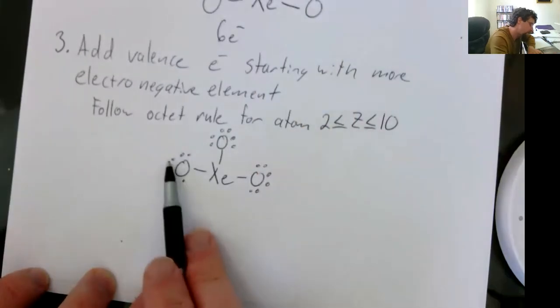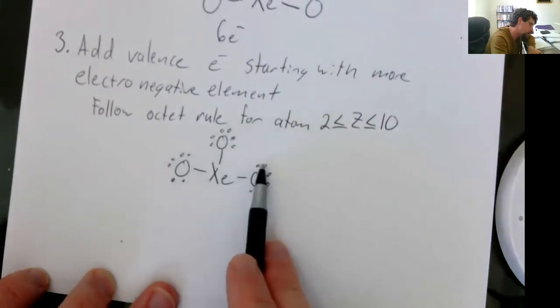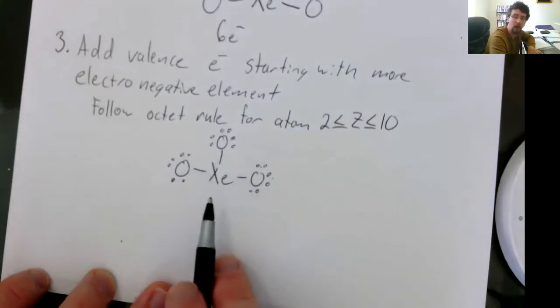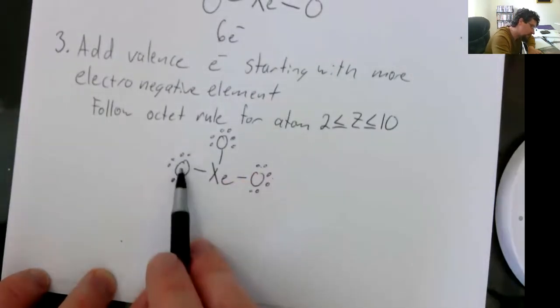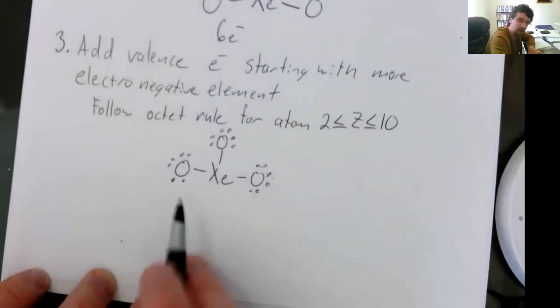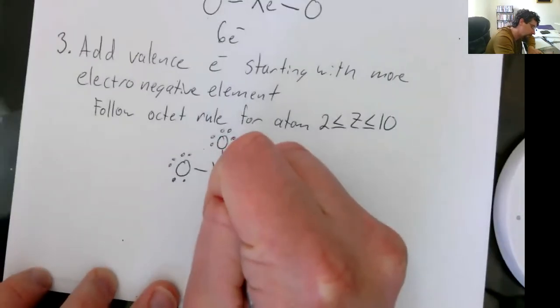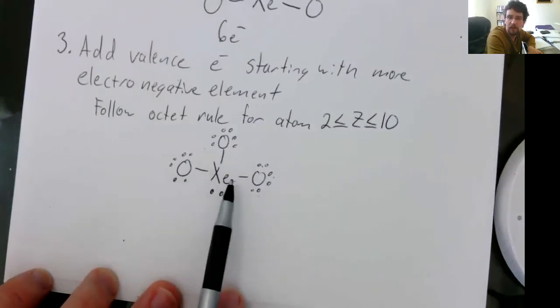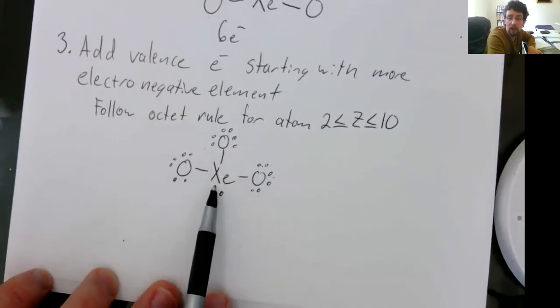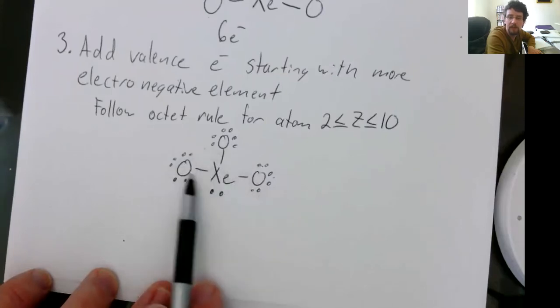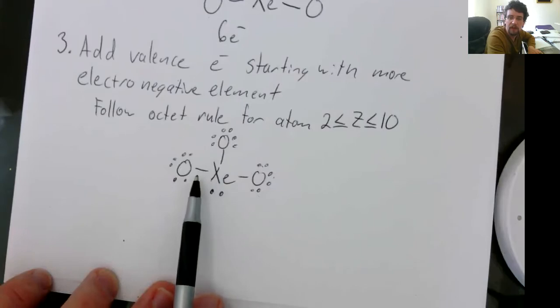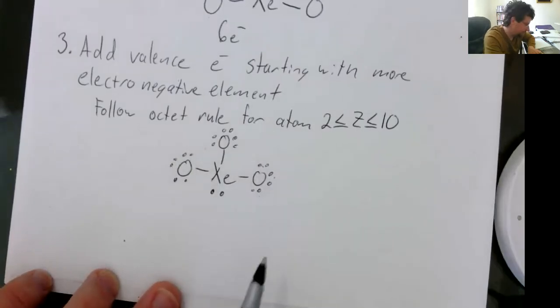Let's count 2, 4, 6, 8, 10, 12, 14, 16, 18, 20, 22, 24. We have 2 left. Since all of these oxygens have their valence full, we have to add them to the xenon.